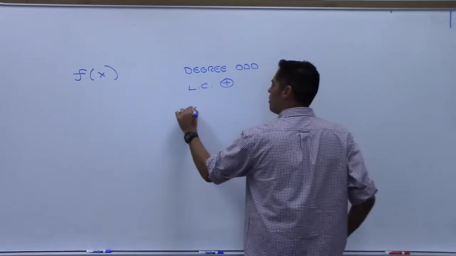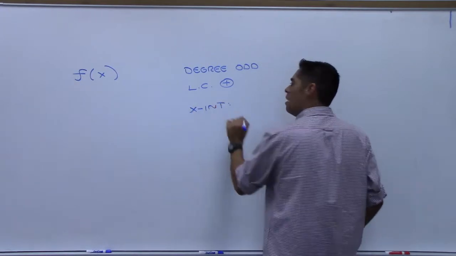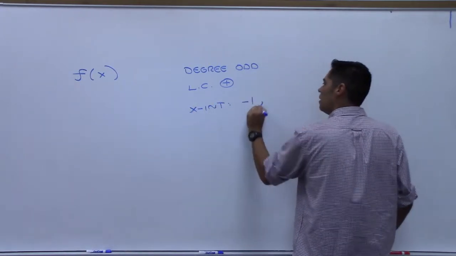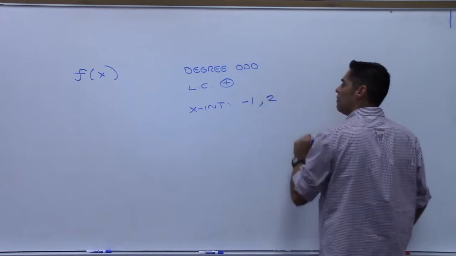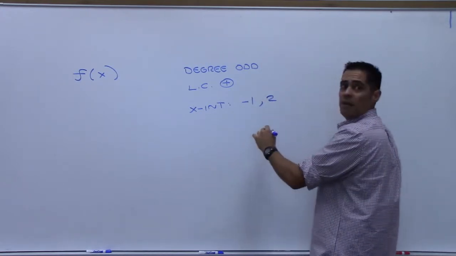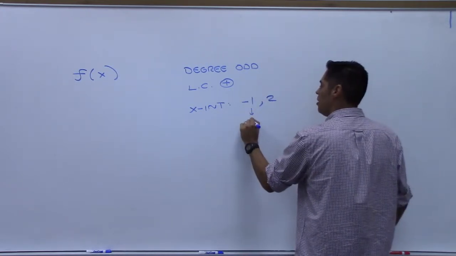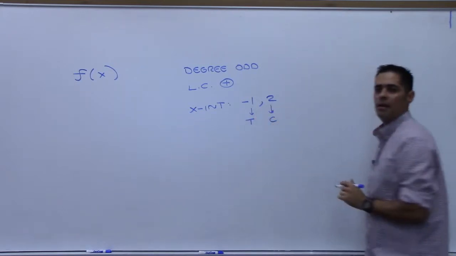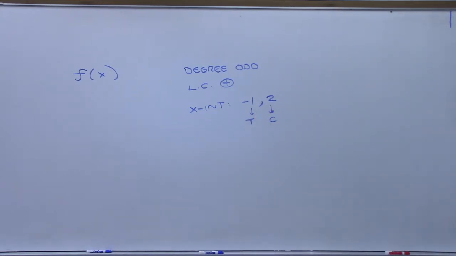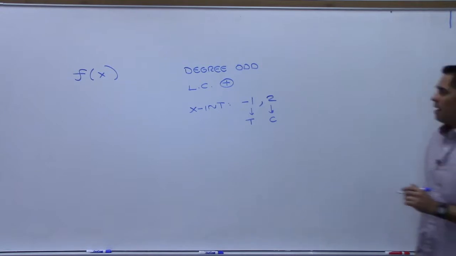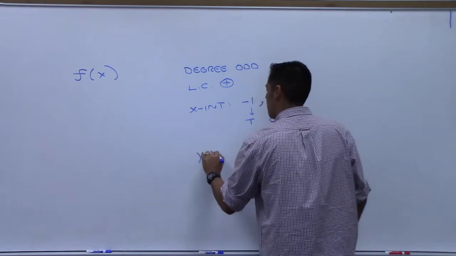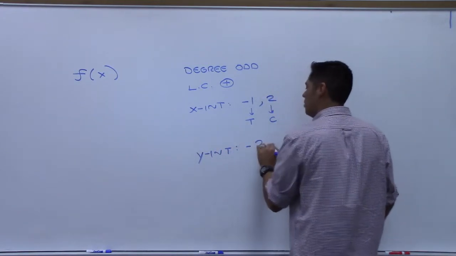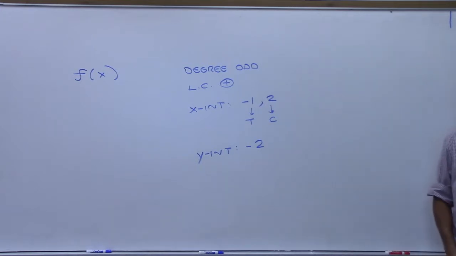I have x-intercepts of -1 and 2. I touch here and I cross here, right? And I have a y-intercept of -2, right? That's pretty much everything we can gather from that picture.